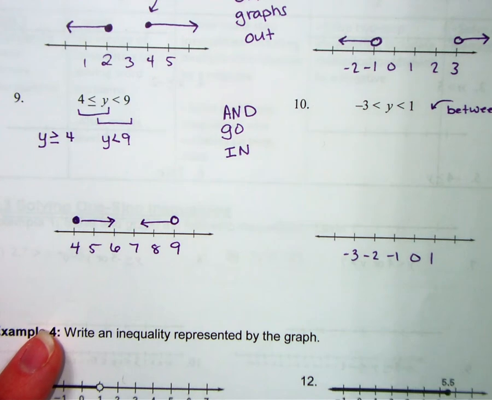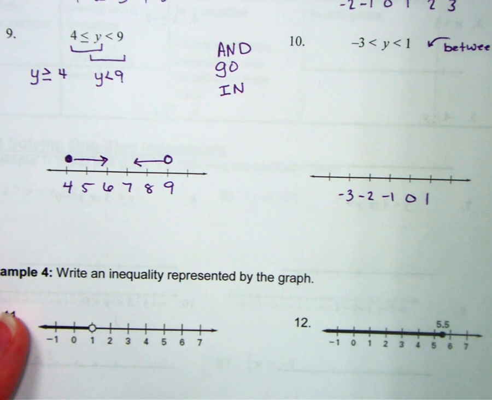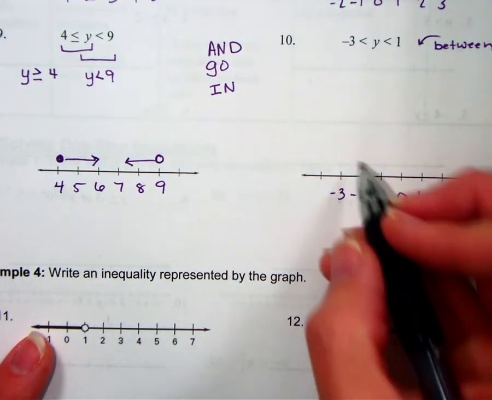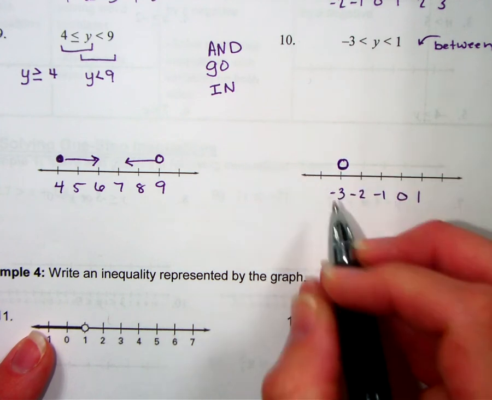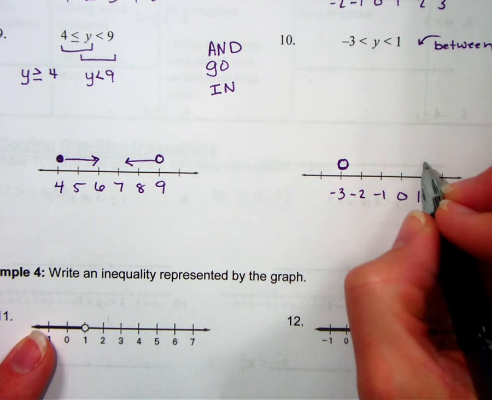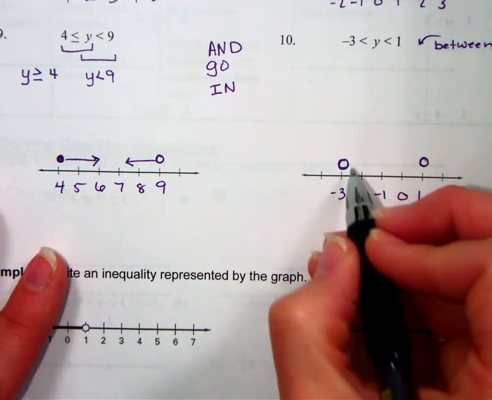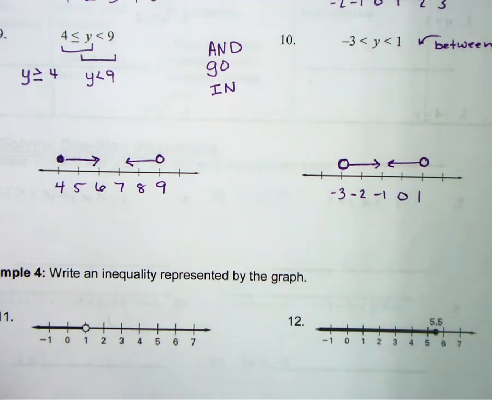There's my numbers on the graph there. Okay, so these are open circles. Open circle at -3, an open circle at 1. And because we're going between, they should just be pointed in, in between each other. So that means anything in between those two circles counts as an answer.